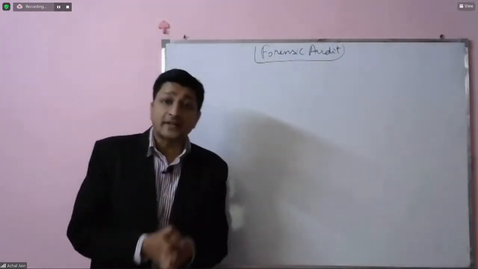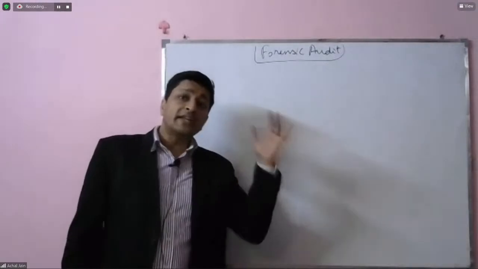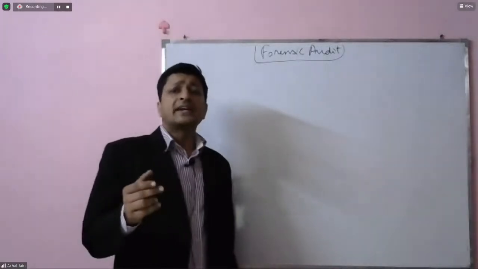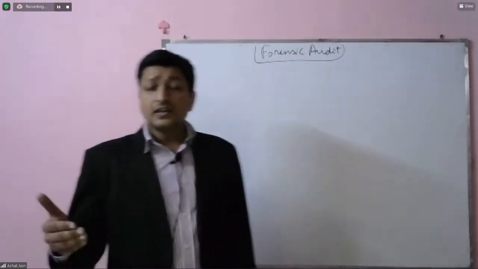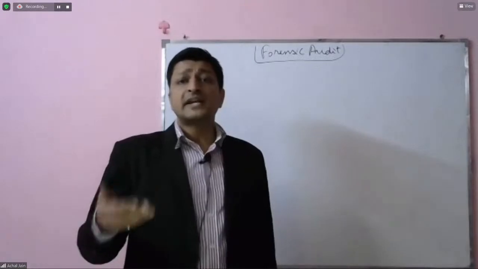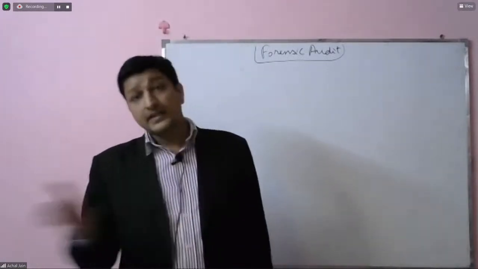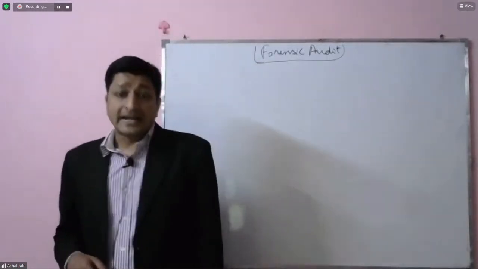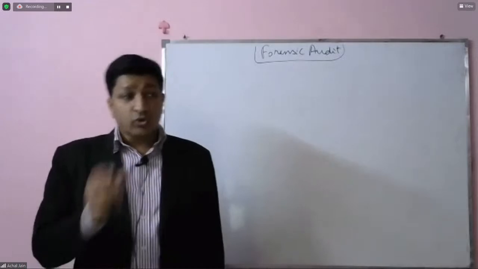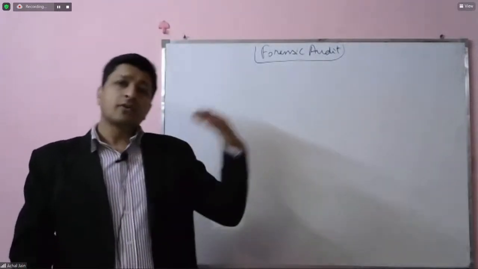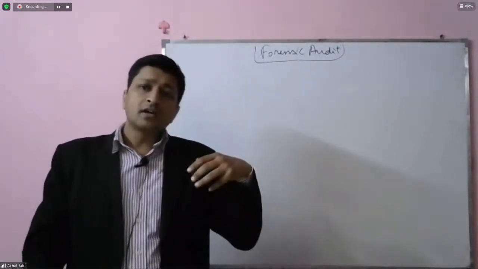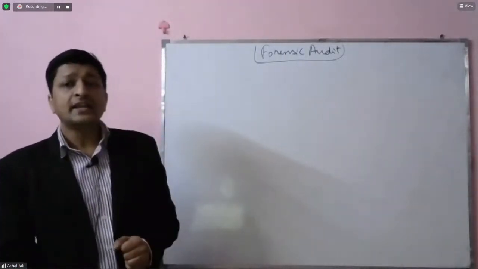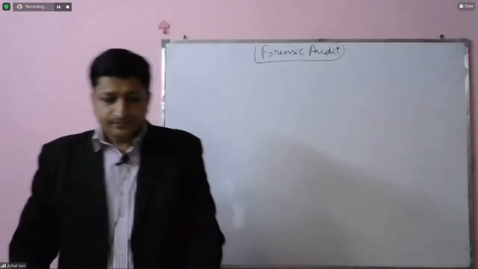Maybe it's getting suspected today, but the fraudulent event might have started 5 years back. And fraud is not something which will get detected easily. Fraud is again not something which will get suspected easily. It will take time for the fraud to be detected. And that's why fraud will generally have its origin in a significant time period as compared to what we see in case of any other normal activity.